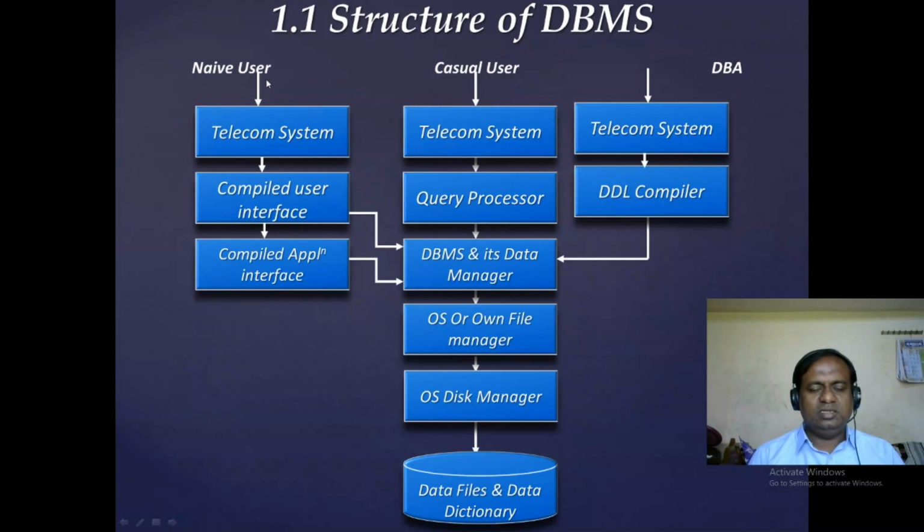Don't think that the specific user I have written there is executing from that side only. A user can execute from any location. That means a naive user can execute from this point or this point or this point. Just to specify a location, I have given the names accordingly.